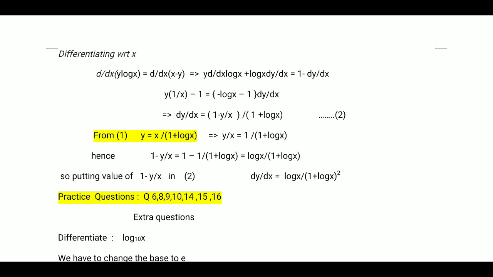That will become, after calculation, log x upon 1 plus log x. So putting the value in the second equation, we get dy upon dx is equal to log x upon 1 plus log x whole square.